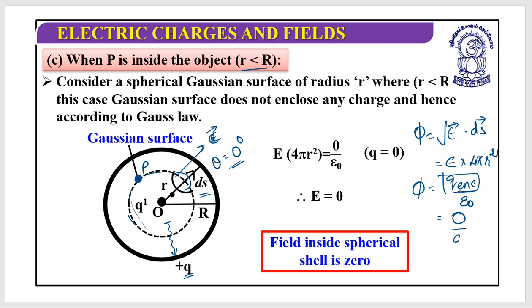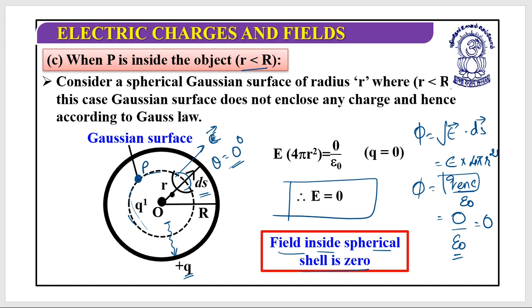It is 0 divided by epsilon naught, so that ultimately comes to 0. So the electric field inside the conducting sphere or spherical shell is 0. E equals 0. Do remember this: field inside a spherical shell is always 0.